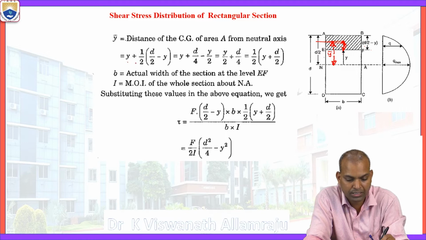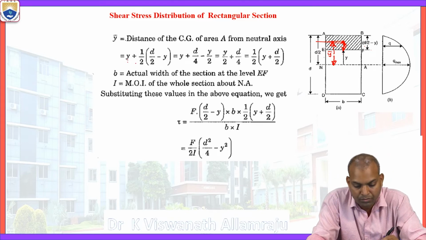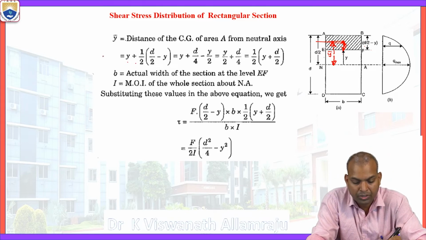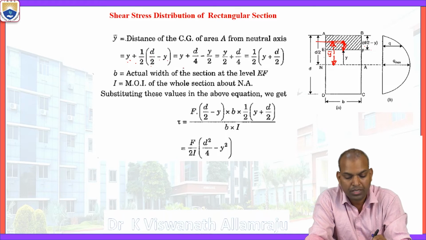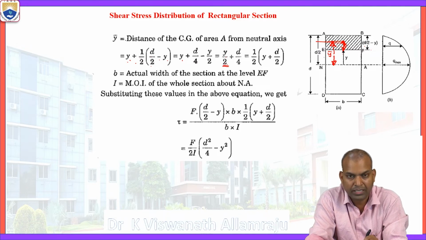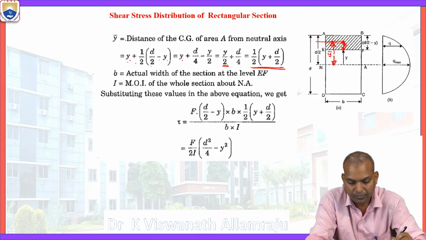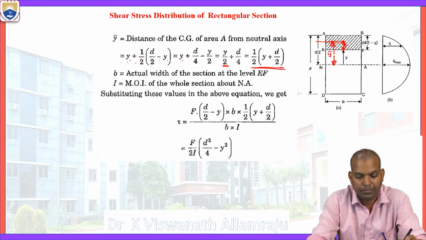That is, y plus half of (D by 2 minus y). For simplification, y plus D by 4 minus y by 2. So y minus y by 2 is y by 2, plus D by 4. Taking half common, y bar is half of (y plus D by 2).